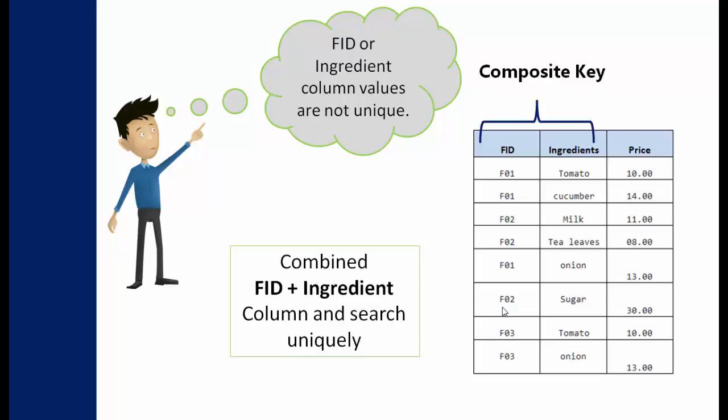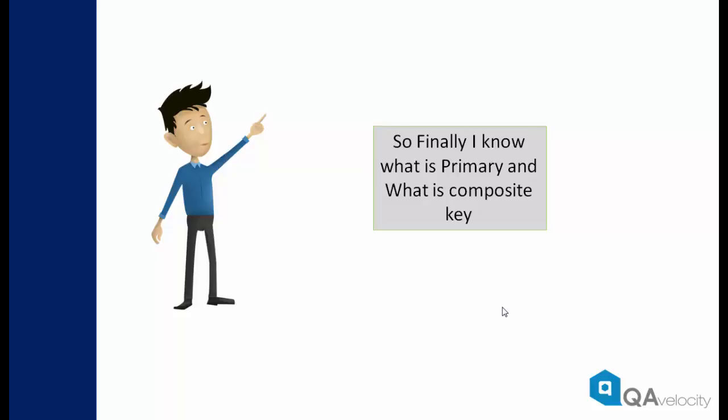So what we can do is combine both FID and ingredients columns to make it unique. Now both columns combined are able to search a record. So finally we know what a primary key is and what exactly a composite key is. And we already have an idea of the rules of first normal form.